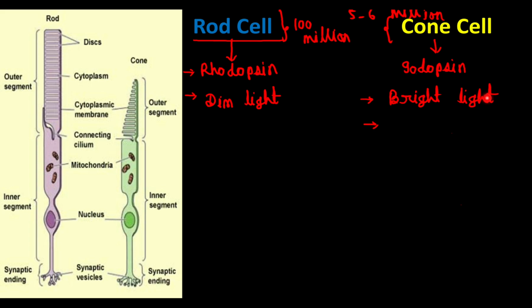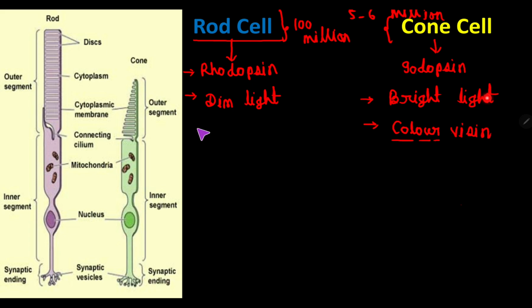Like my pen is blue color, my notebook is green color, and outside trees and all are green color. Easily you can detect the color of the object. So the color of the object you can detect only by these cone cells. They are for color vision.